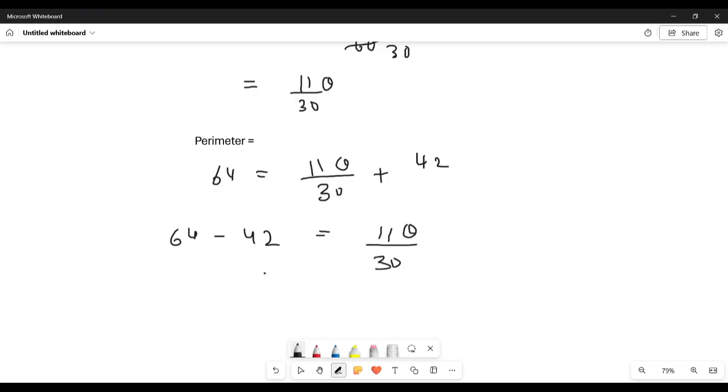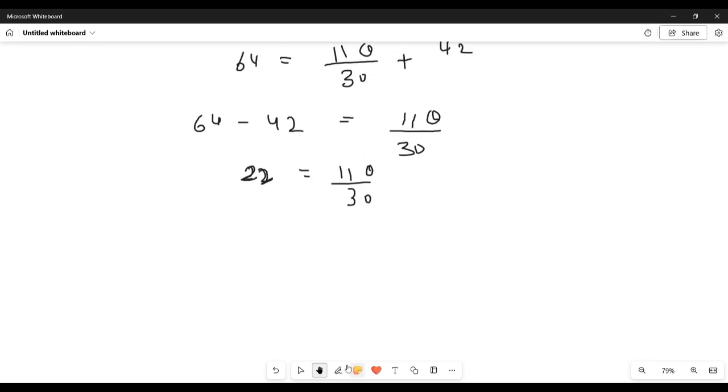So 64 minus 42, I will get 22, as I believe, yeah, 22 equals 11 theta over 30. Now I think, yeah, you can multiply 30 and 22. 22 times 30 equals 11 theta.